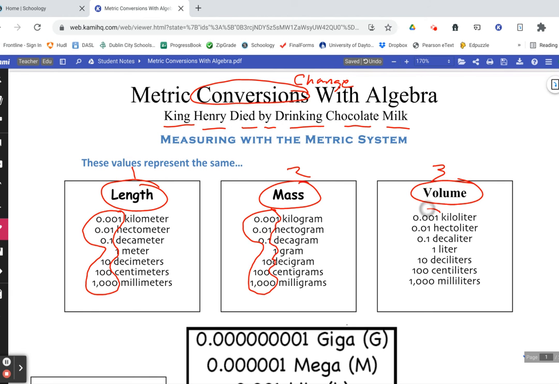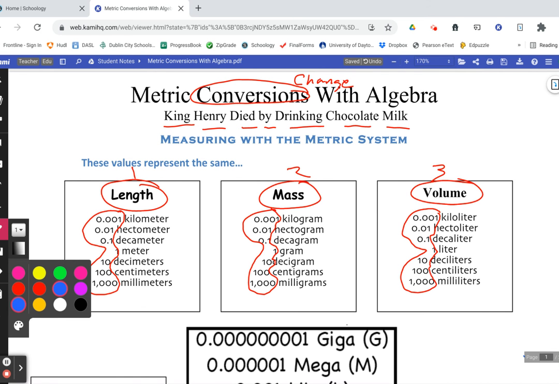Not every number is the same, but each number is the same throughout that actual box. If you look at box 1, box 2, box 3, those numbers follow the same pattern. Some of you might be saying, Mr. Timo, wait a minute, each one of these little words in length, meter, is the same in each one of these, and you'd be 100% right.